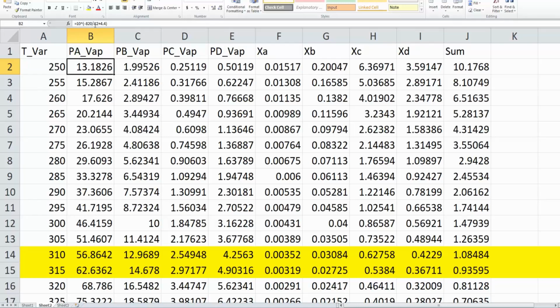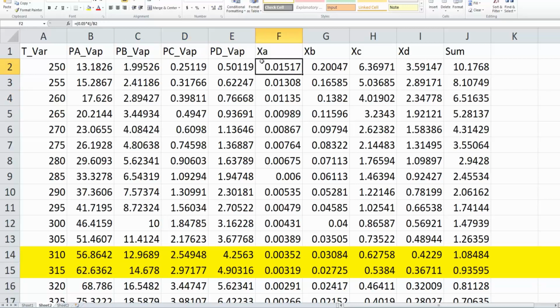So 10 raised to, we were given everything except temperature, T, and this is T. A2 is T. Likewise, if you keep on going down, you go A3, A4, A5, corresponding to the temperature. Same exact procedure where you go 10 raised to, Antoine's equation, where temperature is A2, then A3, A4, etc.